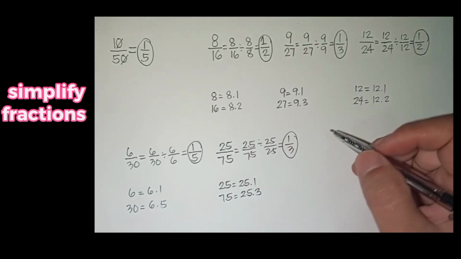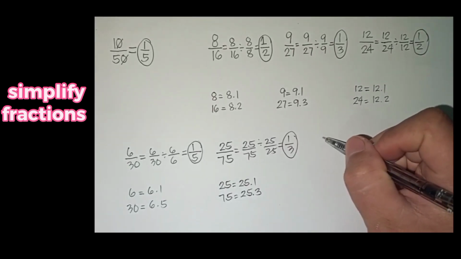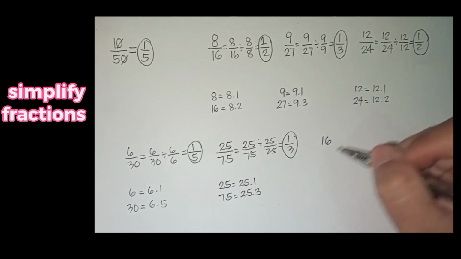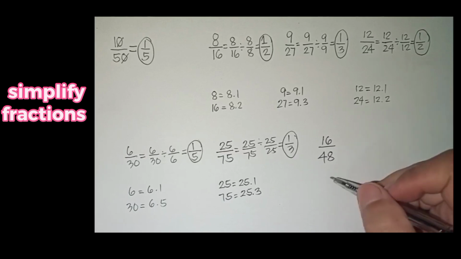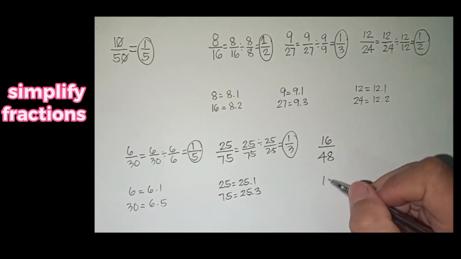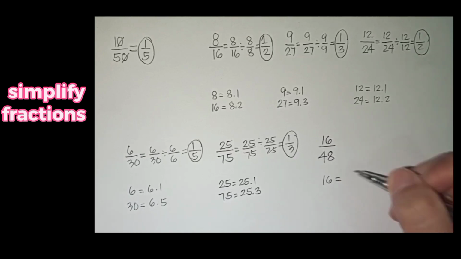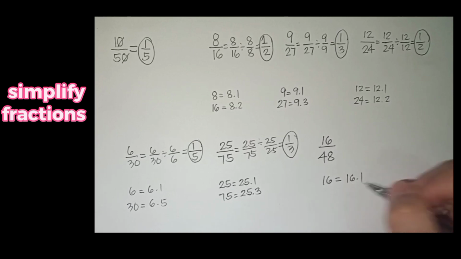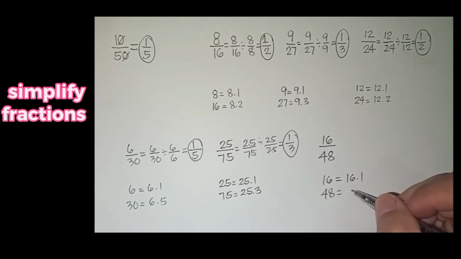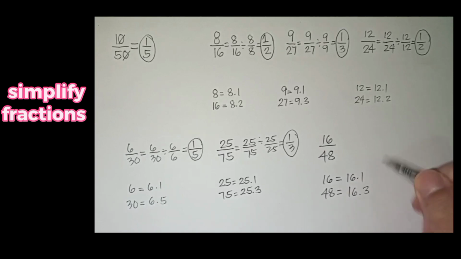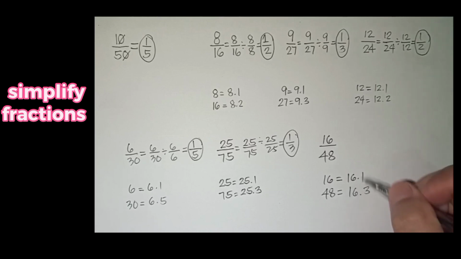And we come to our last example. So we have 16 over 48. First we have to factor out 16. That is 16 times 1. And for 48, we have 16 times 3. So as you can see, we have here the greatest common factor, which is 16.